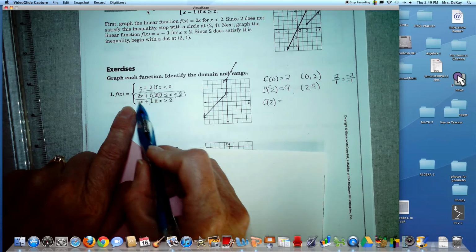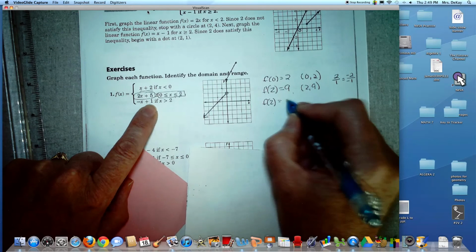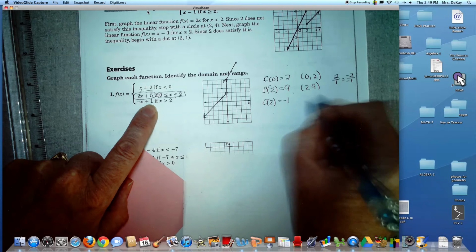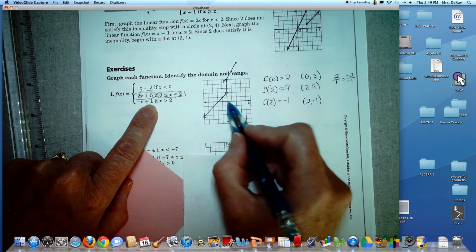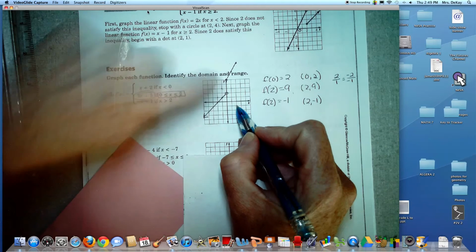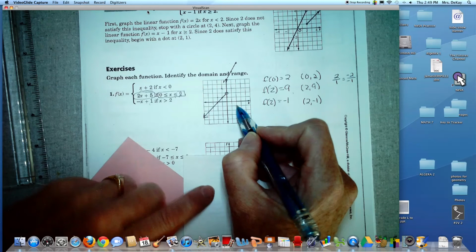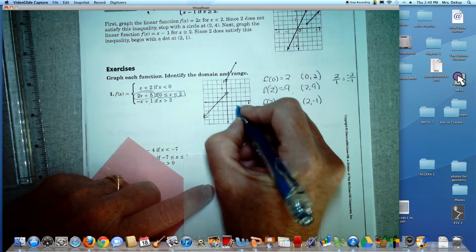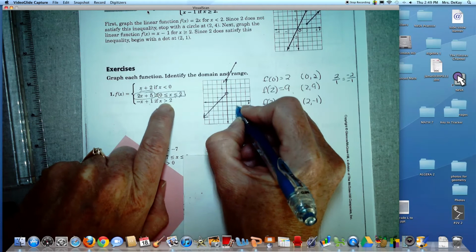So if this was a negative 2 plus 1, that would be at negative 1. So 2, negative 1 would be the point where it's going to start. Because if I did slope intercept, I'd be over here, wouldn't I? And I don't want to graph anything in there. So 2, negative 1 is where it's going to start, and is it going to be a dot or a circle? A circle.